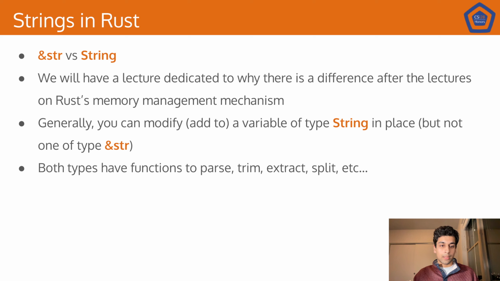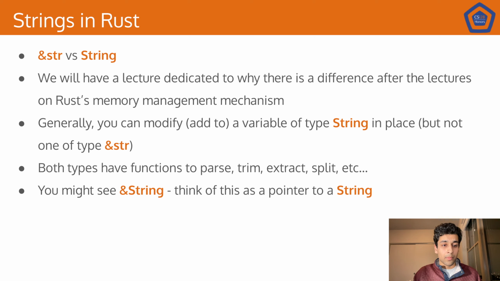Both types have functions to parse, trim, extract characters, extract substrings, split, etc. You can find all of those functions in the documentation. Just Google &str docs or String docs for Rust. You might see capital S String. You can think of this as a pointer to a string, but again, more on this next week when Arul is covering ownership and borrowing.